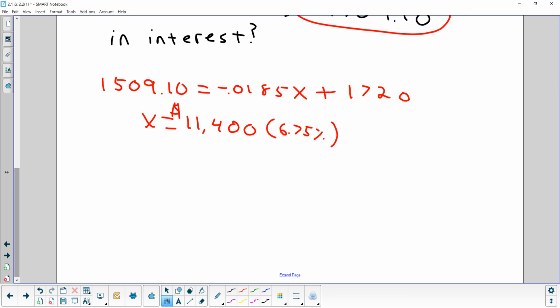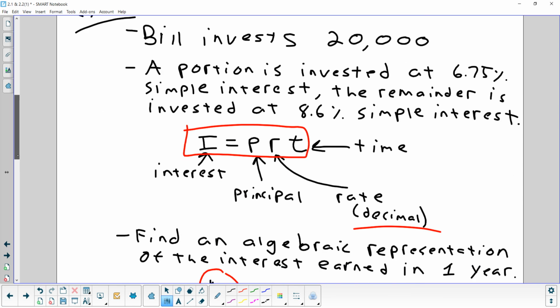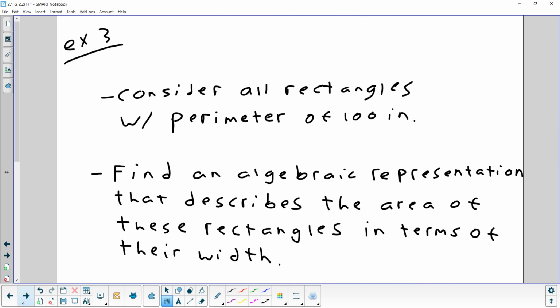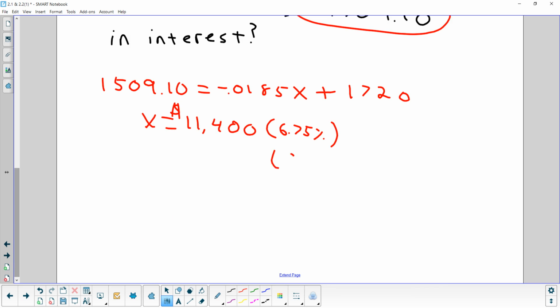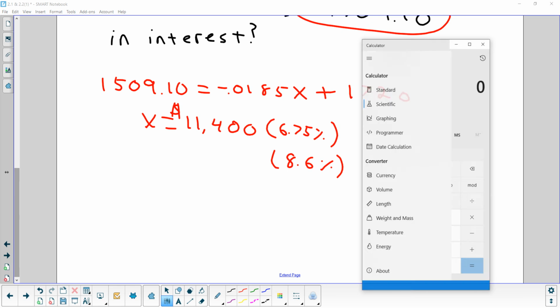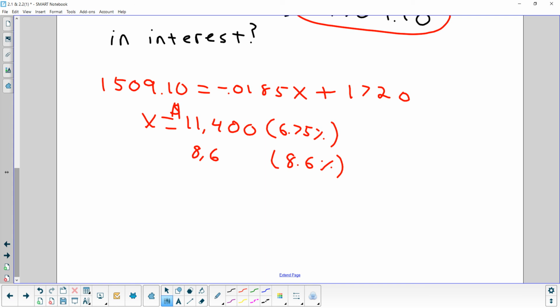And what would you do to figure out the amount of money at, was the other one 8.6? Yeah, 8.6. 20,000 minus 11,400. Yeah, and that's going to come out to, I think, 8,600. That's how much money he invested at 8.6.